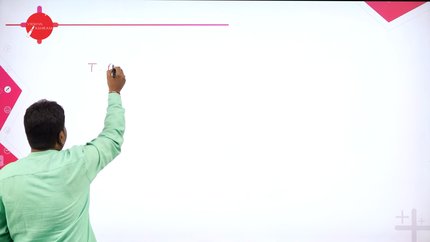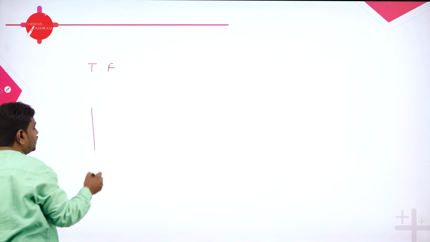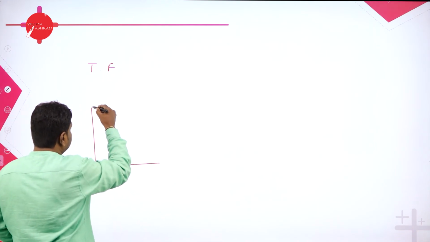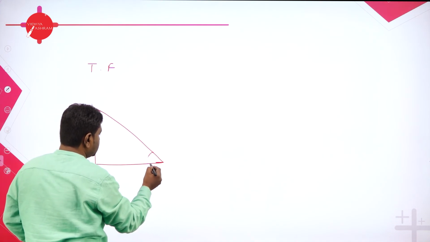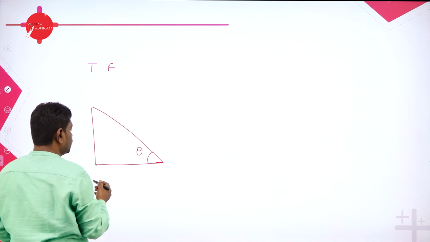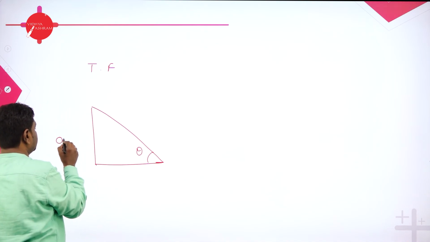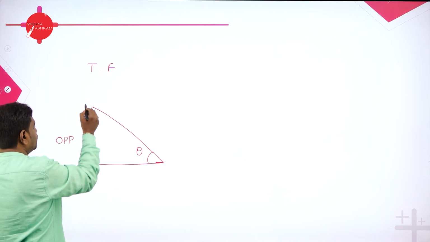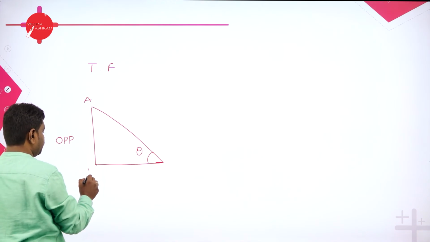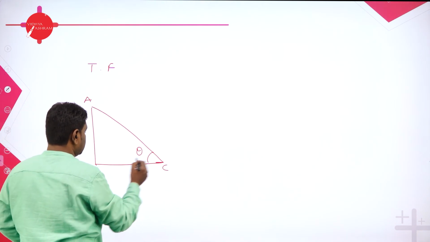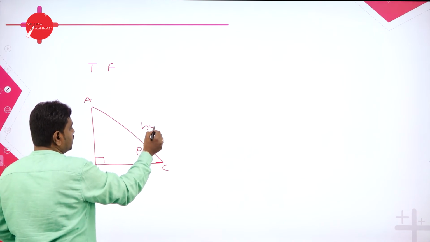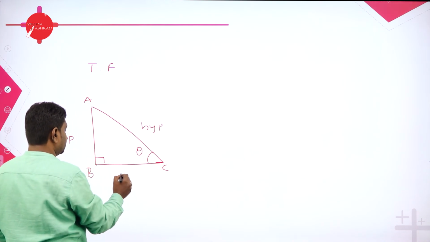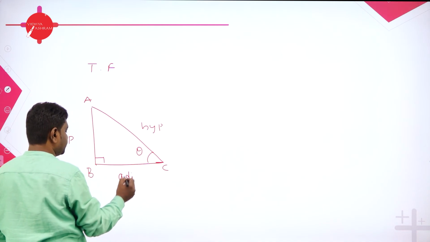If you take a right angle triangle, say this is the angle theta, then opposite to theta is called the opposite side, side AB. And opposite to 90 degrees we call it the hypotenuse, and the other one is adjacent.